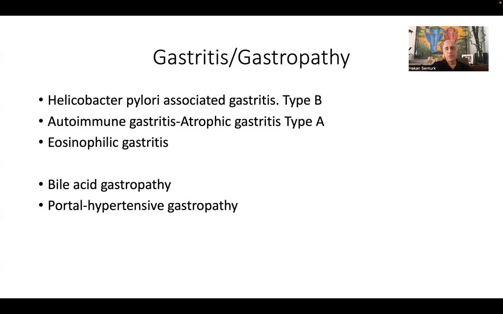There are two main types of gastropathy: bile acid gastropathy and portal hypertensive gastropathy. Bile acid gastropathy is due to duodenogastric reflux. Duodenogastric reflux means that duodenal content is regurgitated into the stomach. This is abnormal because the secreted bile should go downward.